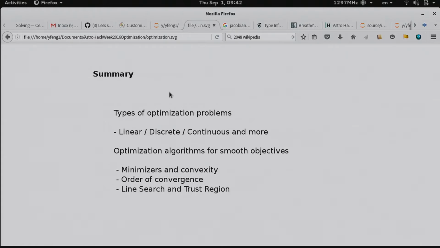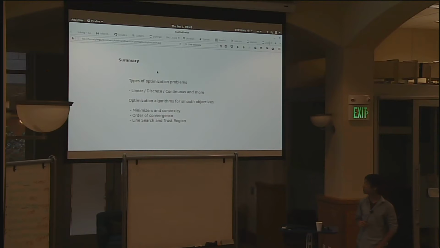So it's time for a short summary of most of my part. We looked at a few types of common optimization problems. Some are linear, some are discrete and funny, and then continuous and stochastic. And we mostly use optimization on smooth objectives, so there are powerful algorithms for doing that.